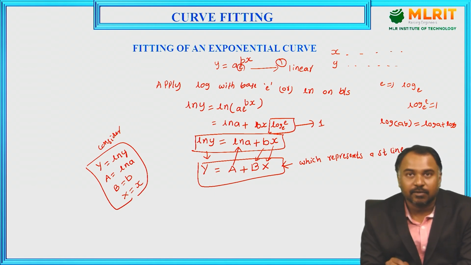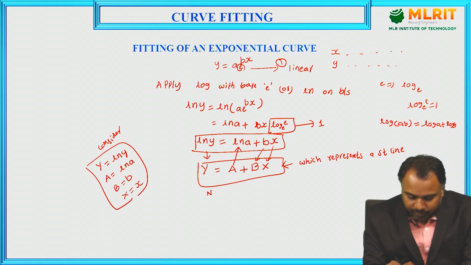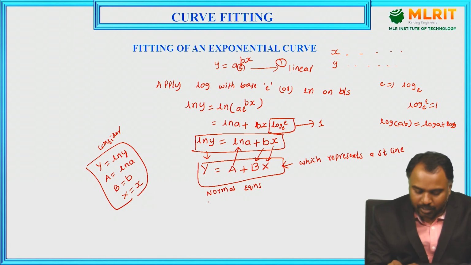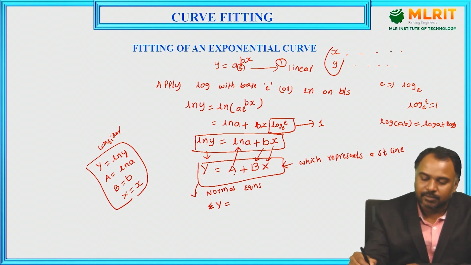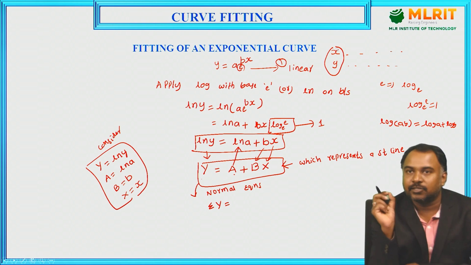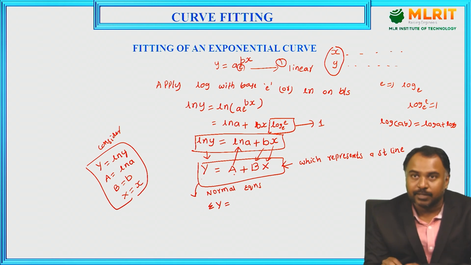Using the method of least squares, we consider the same normal equations. I am writing all capital letters; the small letters are the given data, which we always represent with small x and small y. Capital X and capital Y come from this equation.